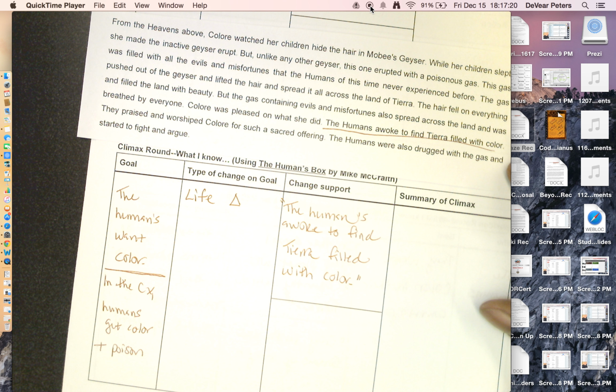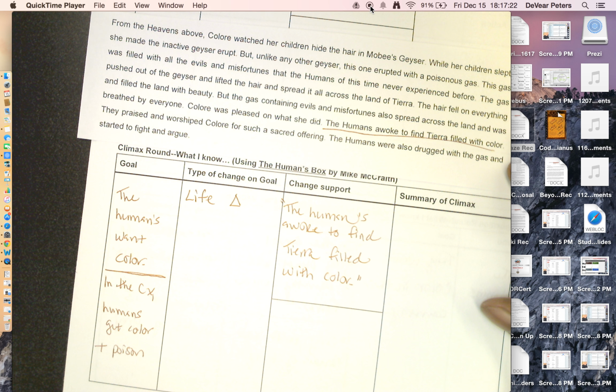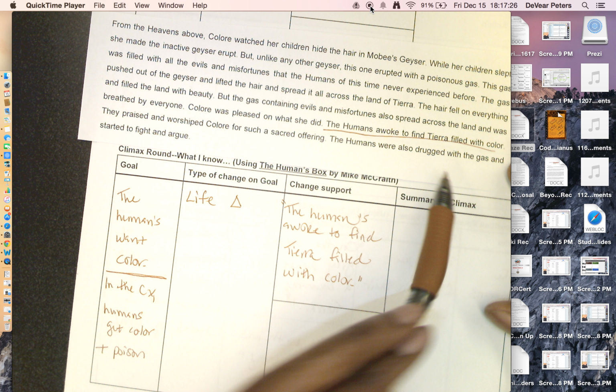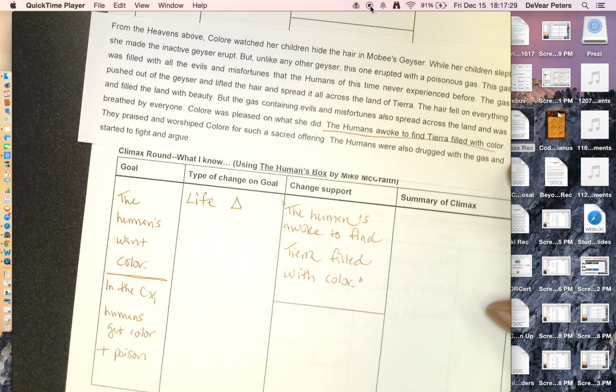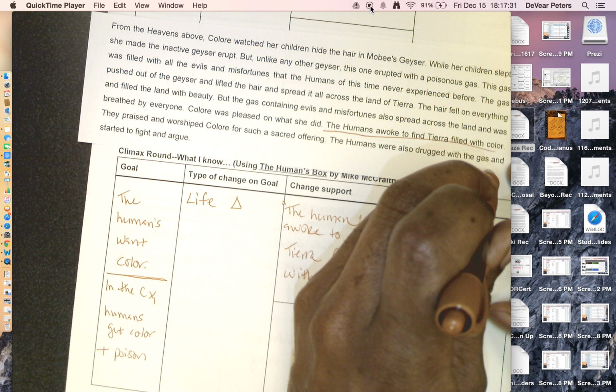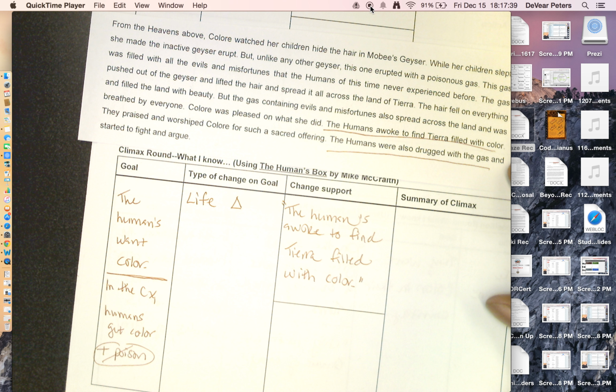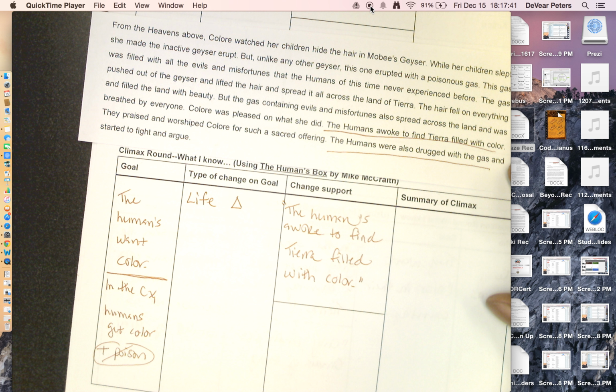Now, the second, if I want to think about the poison, is that the humans were also drugged with gas and started to fight. I can do this. Or if I want to just stick to the get color and not even bring up the poison, because it can be optional, I want to just think about the color itself, which it could be. This could be optional.